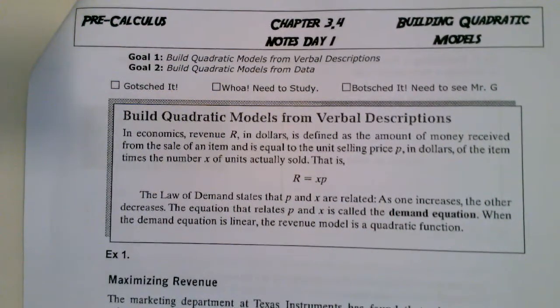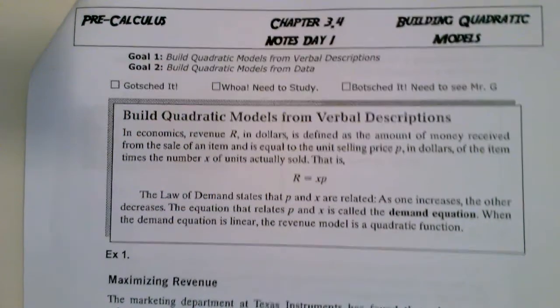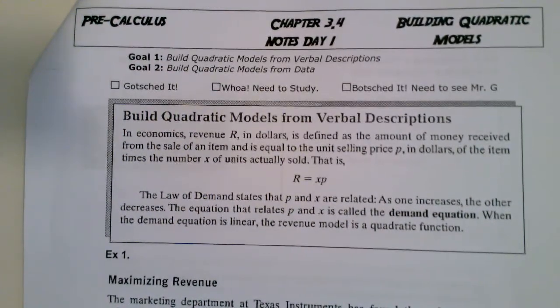Okay, pretty easy stuff. The law of demand states that P and X are related. You guys know the law of demand. Supply and demand: you have to get that perfect spot where you have the right amount of items and the right price, and that will create the correct demand for it.